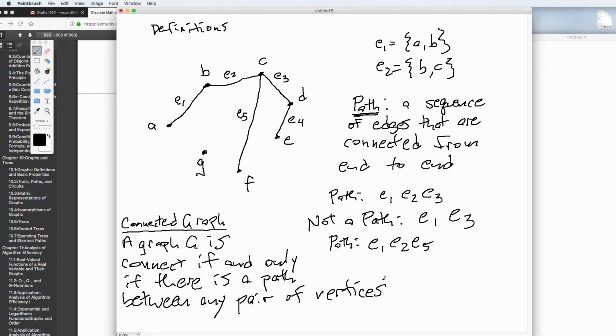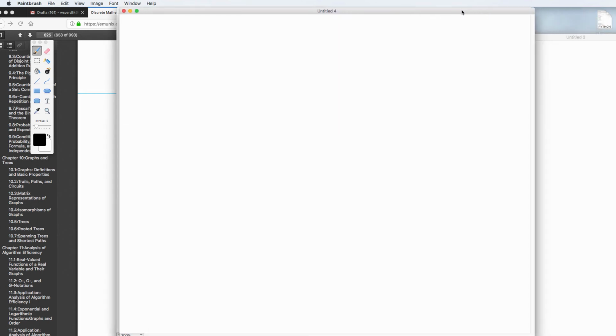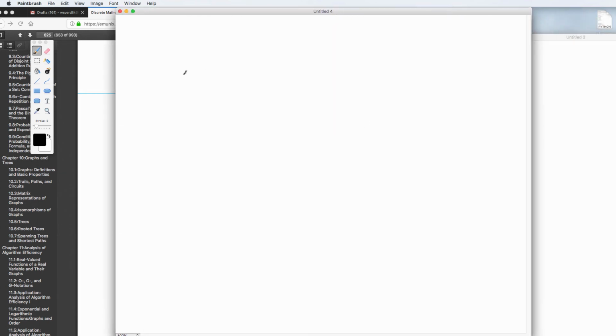So if this is a graph up here, G, and I were to ask you, is this connected? The answer is no. There is no path from A to G. Just to give you another example, we could have a graph that looks like this.